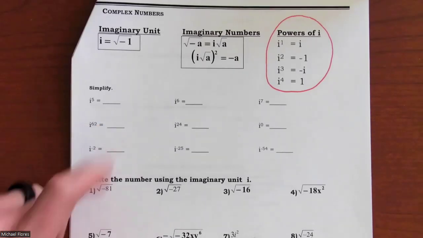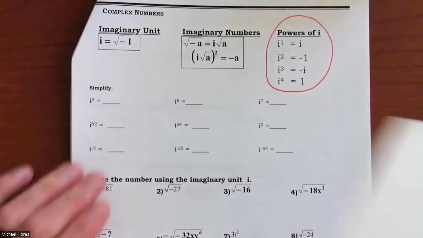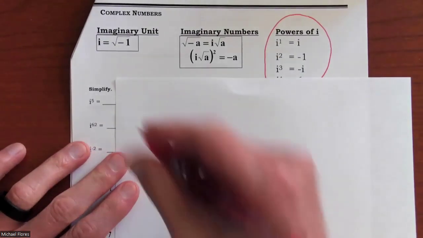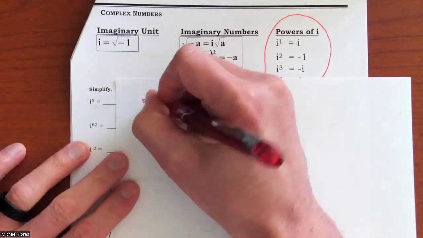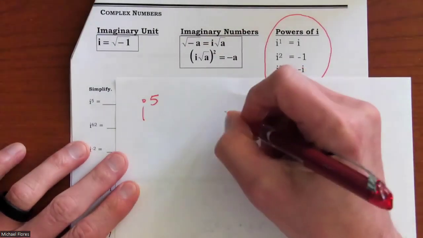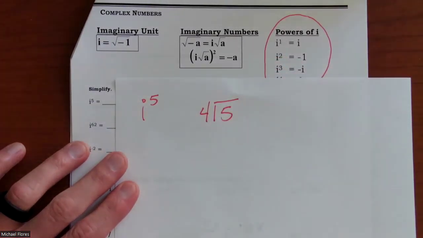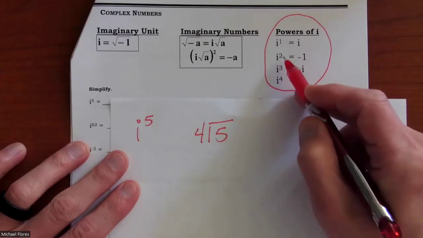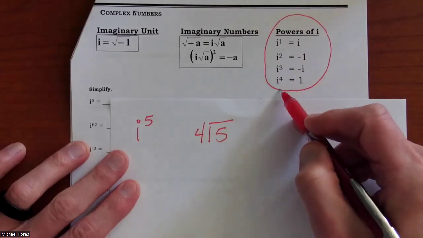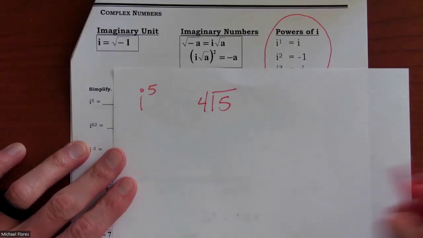Well, if they tell you to simplify i to the fifth, notice that is not in our chart. Here's how you would solve for i to the fifth. You're going to take whatever the exponent is, and we're going to divide it by 4. Why 4? Because there's 1, 2, 3, 4 possible answers that this could reduce to. You're always going to divide that exponent by 4.